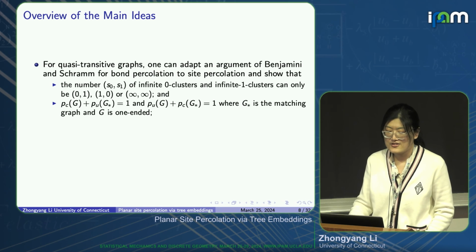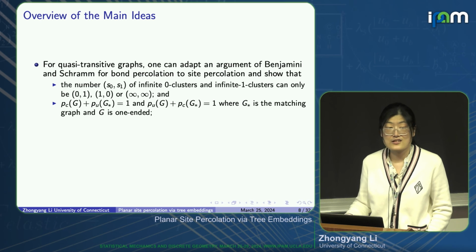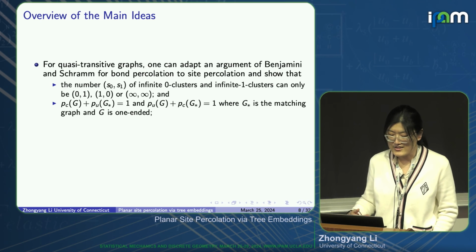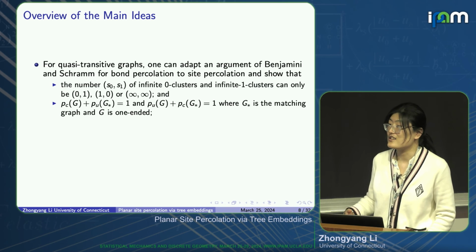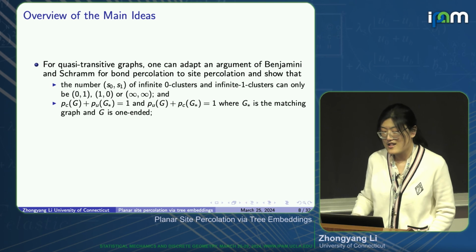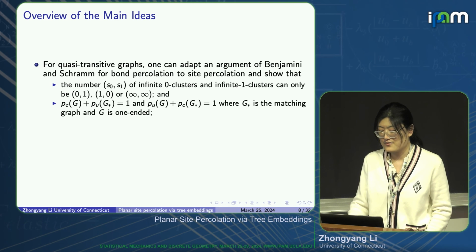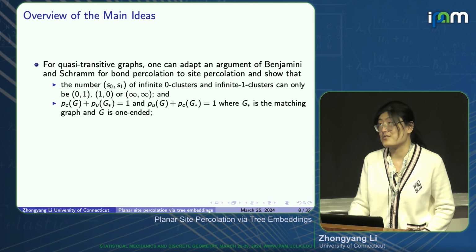So if not all the faces are triangles, G star contains G as a proper subgraph, because the edge set of G is a proper subset of the edge set of G star. Okay, and then also PU of G plus PC of G star is equal to 1, when G star is the matching graph and G is one-ended.